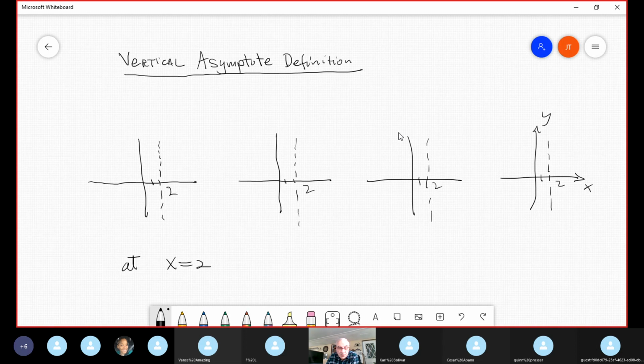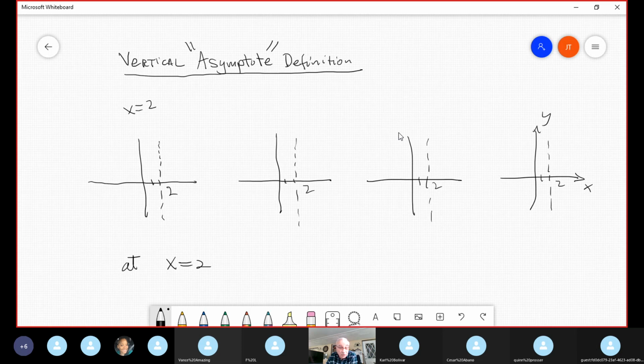By the way, the equation for this line is x equal 2, because it's a vertical line. A vertical asymptote is a vertical line. And normally, when we are doing the graph, we represent it using a dotted line, because the asymptote is an auxiliary construction that can help me to understand the curve.